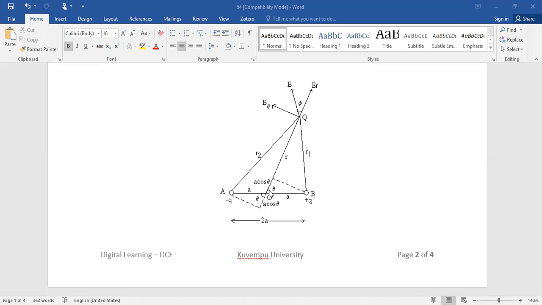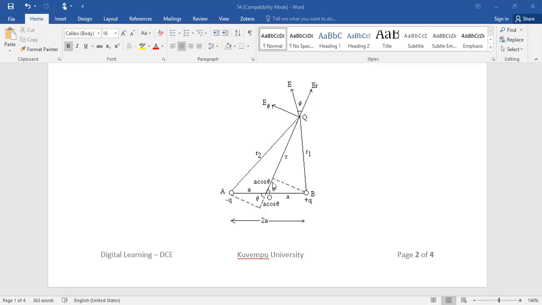Theta is the angle between the axis of the dipole and the line joining the center of the dipole and the point.